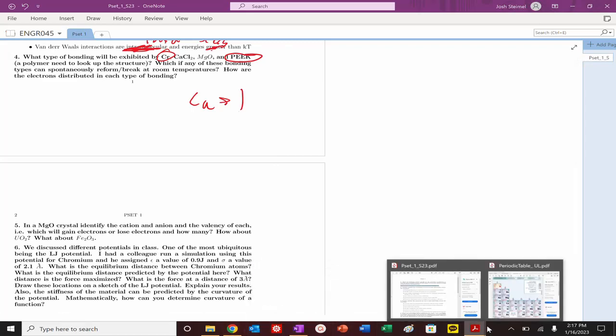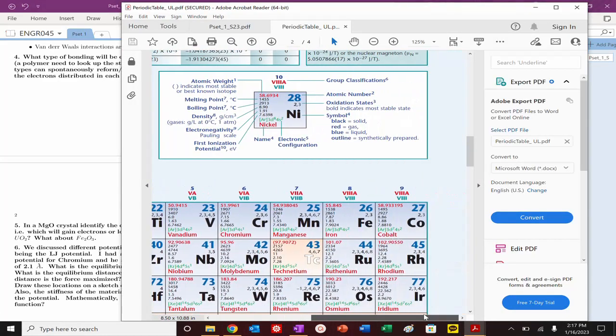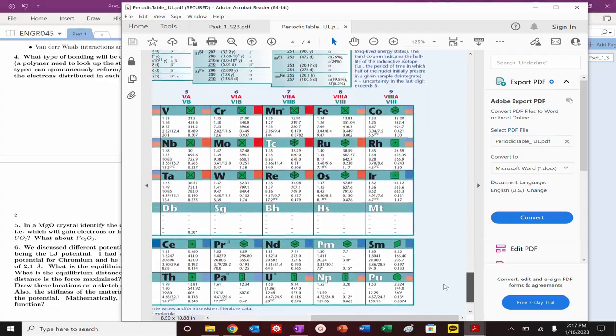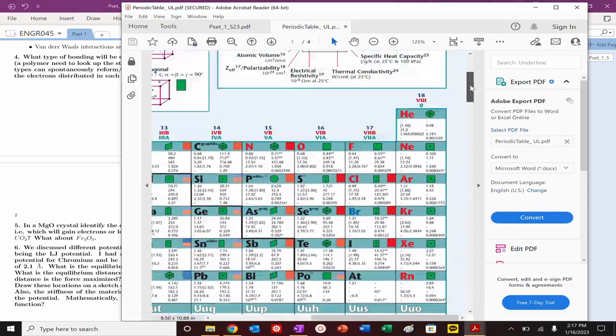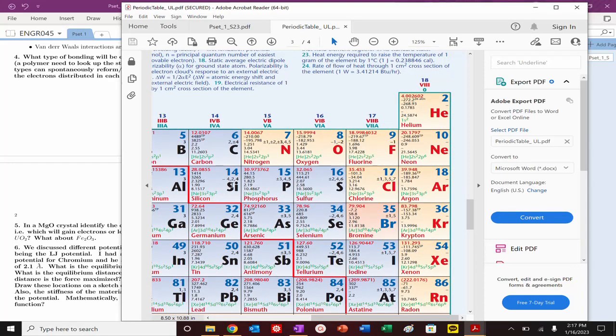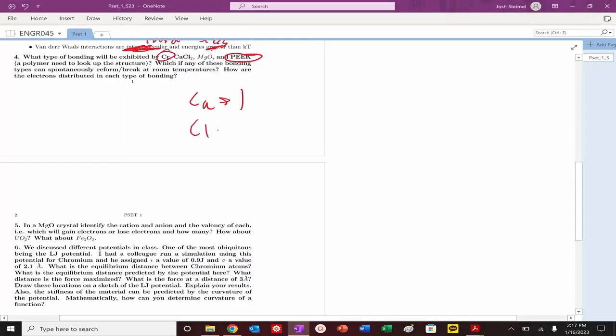Let's go across the table, and let's actually go to another table. Where is our chlorine? There it is. Chlorine is 3.16. So Cl is equal to 3.16. So remember, I think that value is 1.7, I believe. So if we're greater than that, this is definitely an ionic interaction.